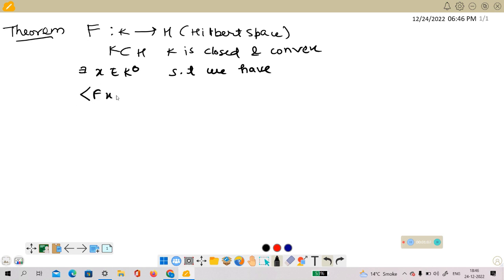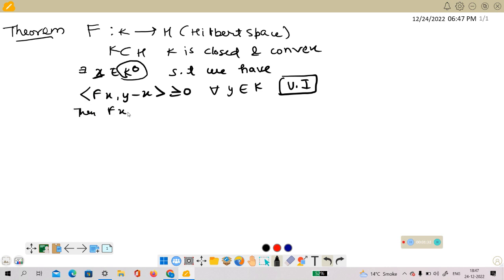It is like this: f(x) comma y minus x is greater than or equal to 0 for all y belongs to K. This is called variational inequality. So basically we have a solution of variational inequality in the interior of K. Then if all this hypothesis holds, we have f(x) is equal to 0. Okay, this is the theorem.